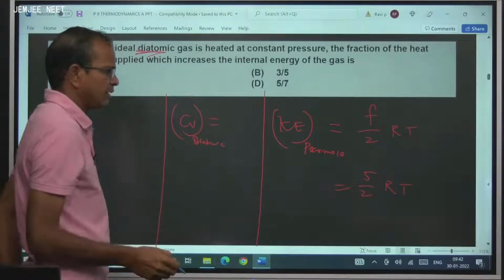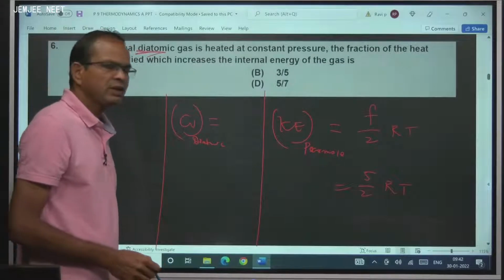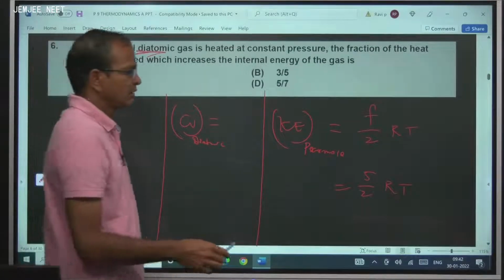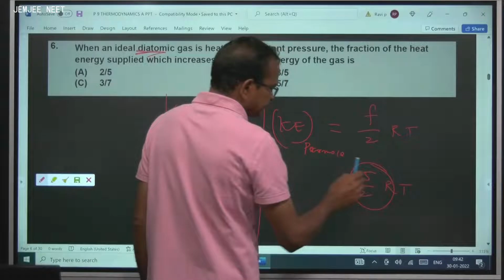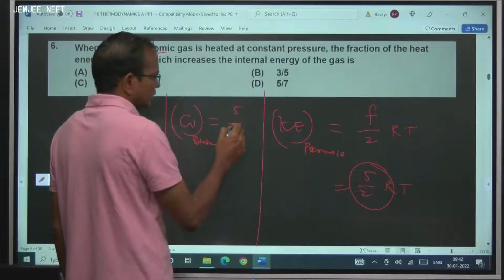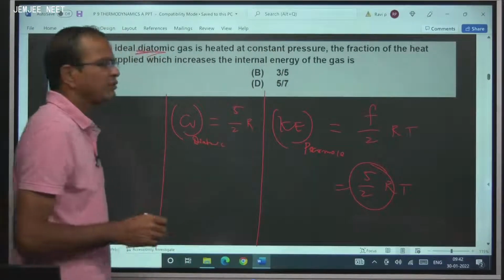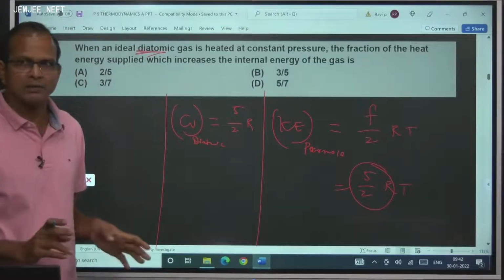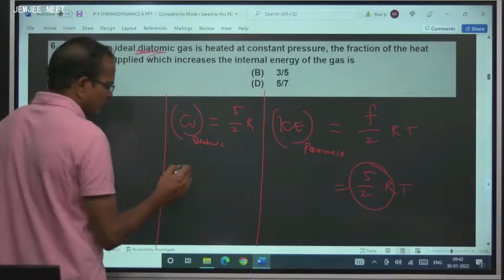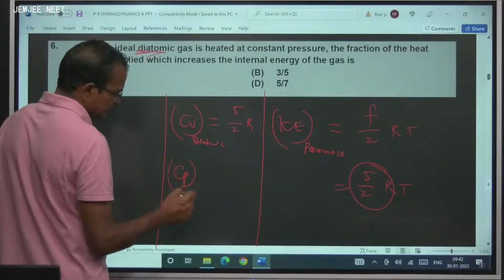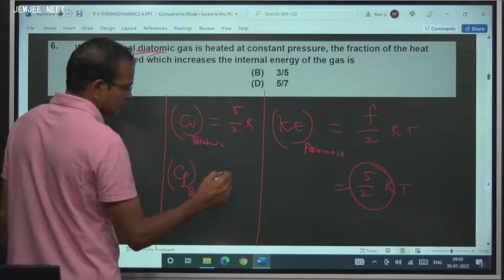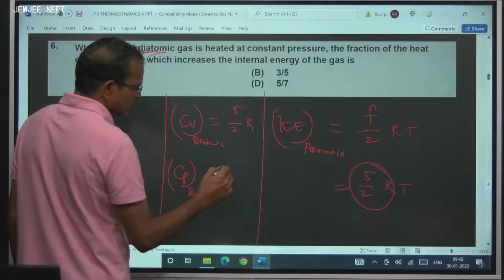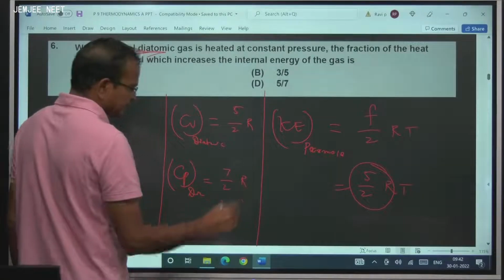CV of a diatomic. Yes, 5/2 R is CV of a diatomic gas. Please check, and if you have a doubt I will explain again. Don't worry. What is CP of a diatomic gas? Yes, 7/2 R. Very good.